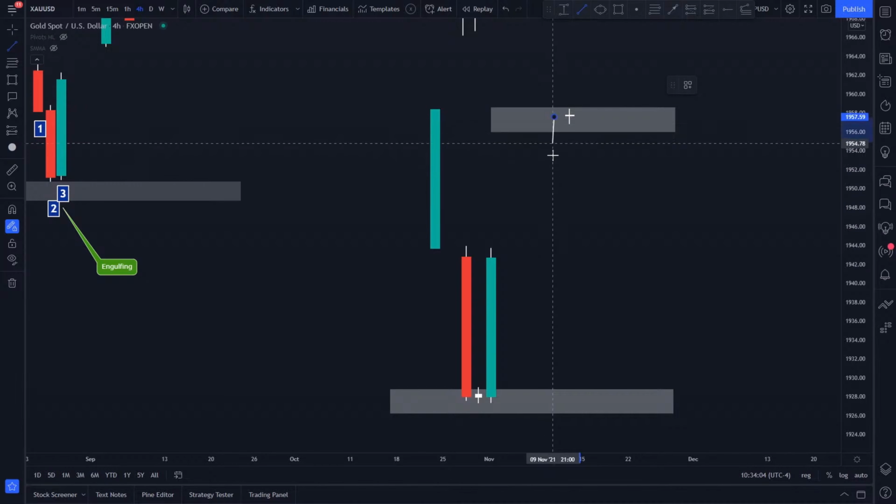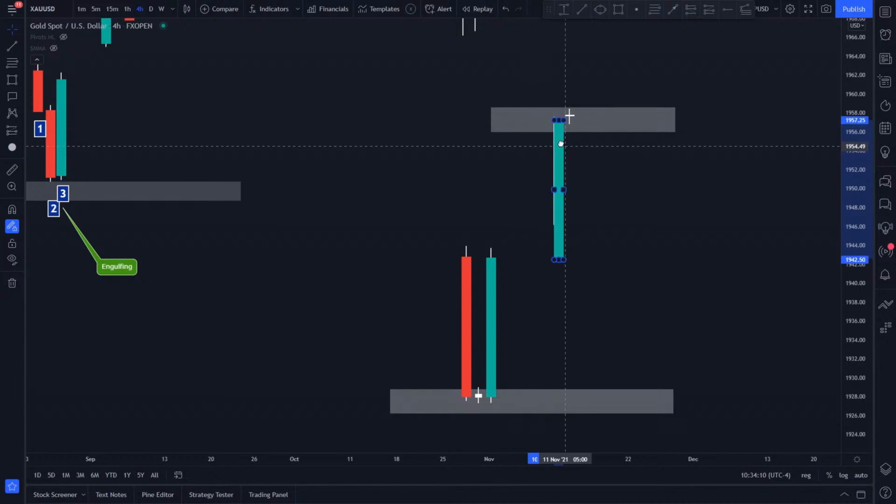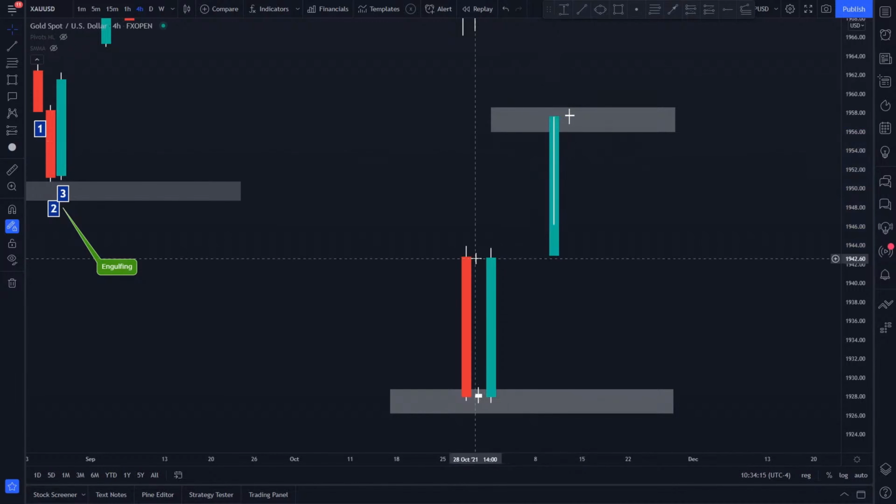Move that. Go ahead and draw this out again. Good. Okay, so now it wants to do that. Okay, it's fine. Just ignore that. Just ignore the line.